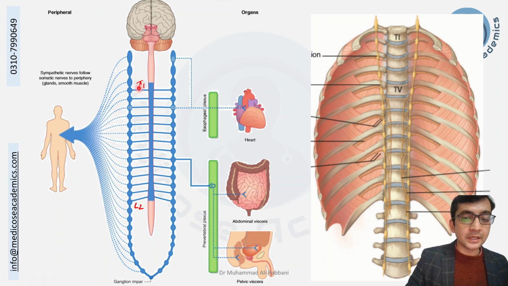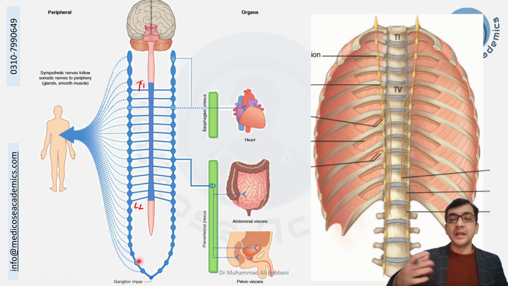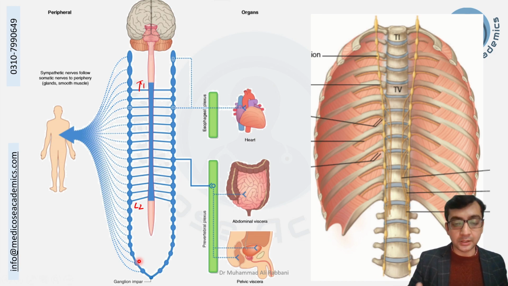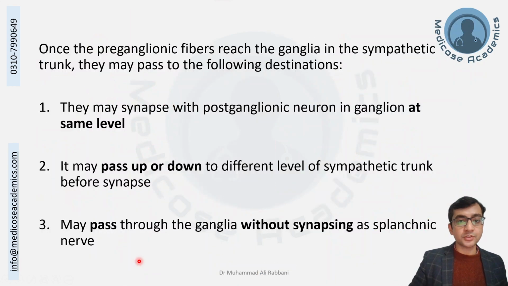But as you can see, the sympathetic chain above T1 also has to be supplied. The sympathetic chain below L2 also has to be supplied, because the spinal nerves S1, S2, S3, S4 and coccygeal nerves also need a postsynaptic sympathetic component. To supply these, we now go to the next segment.